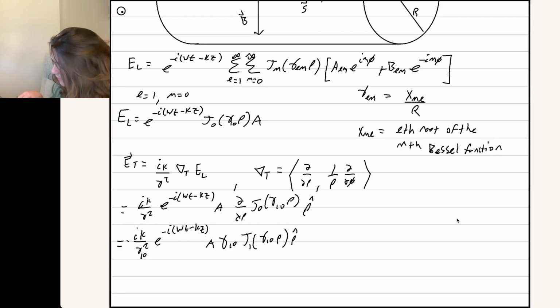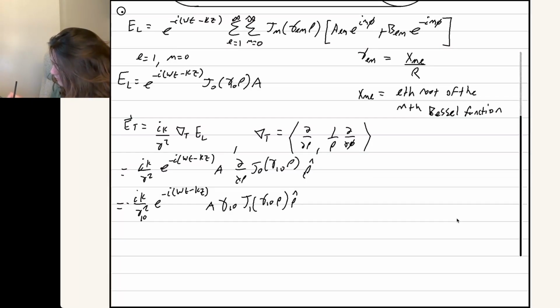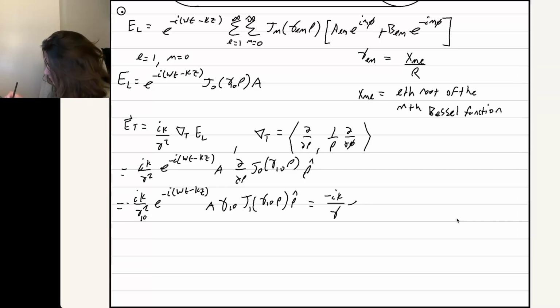So that simplifies; you'll have one of the gammas cancel out. So you have minus ik. I'm going to stop writing gamma 1,0 and just start writing gamma. You have e to the minus i omega t minus kz, A, J1 of gamma rho in the rho hat direction.